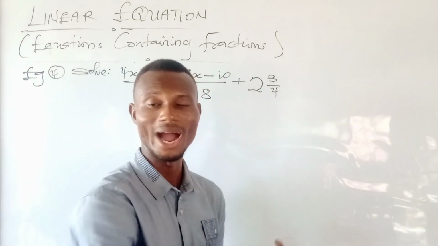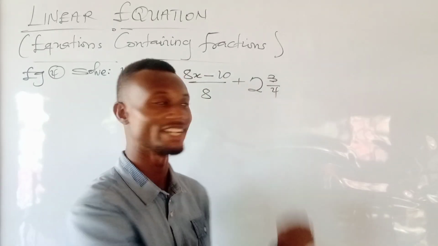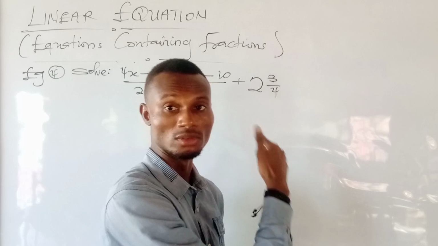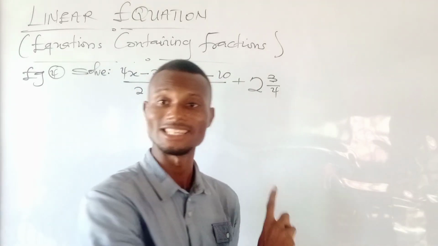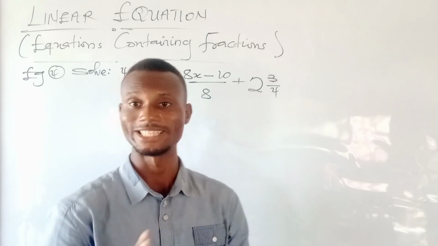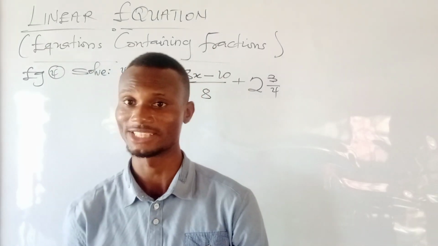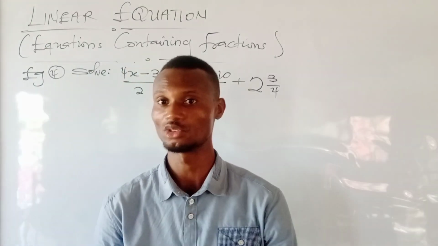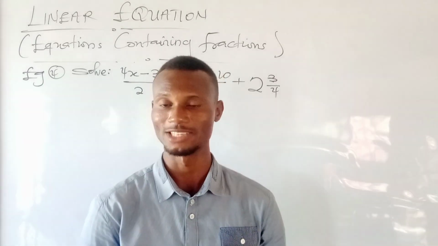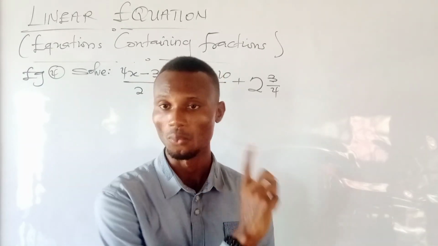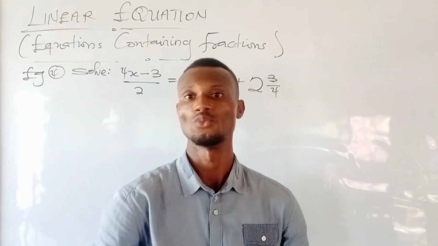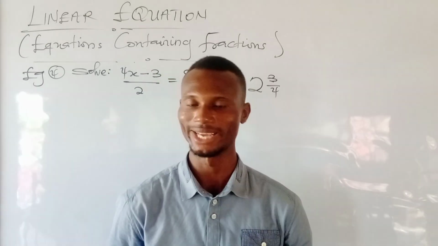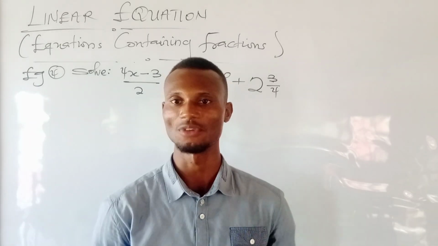So before we multiply through by the LCM, we have to first change this mixed fraction to an improper fraction. Anytime a question contains a mixed fraction, change it to an improper fraction first before you proceed. Then we'll go ahead and multiply through by the LCM, as we have been doing in the previous videos.